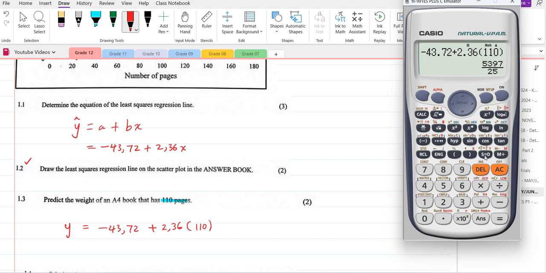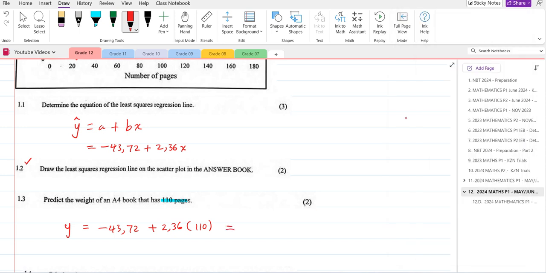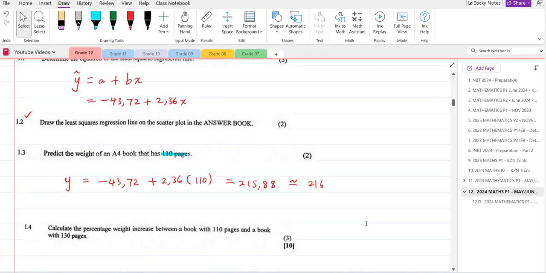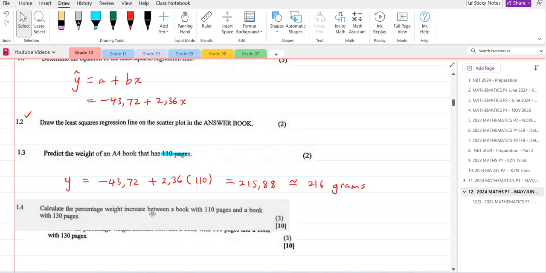Okay, so I'm getting an answer of 215,88. So approximately 216, what is that in grams? Yeah, approximately 216 grams. Right, so I hope you guys are understanding. Let's look at the next question.